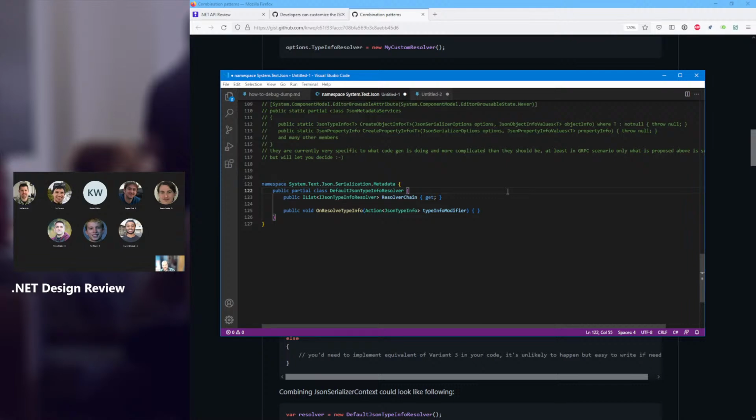Is there a JsonTypeInfoResolver type? There's an interface, IJsonTypeInfoResolver. Right. I don't think .NET Standard 2.0 can have statics in interfaces. I don't think we would want it on that interface anyway.